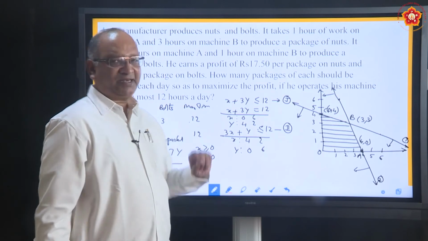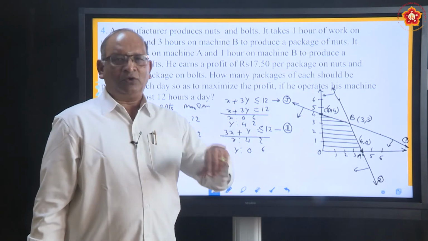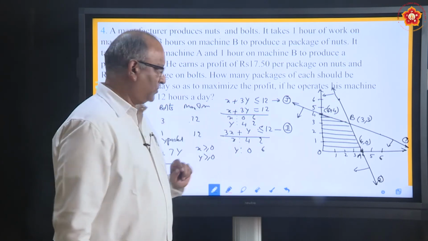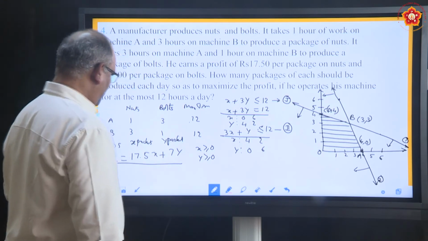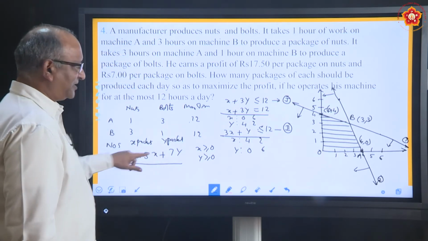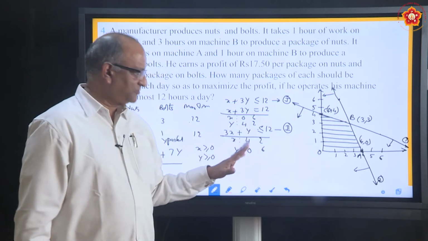Why are these points required? These points only we substitute in Z to know the maximum or minimum. Okay. So one after the other you have to substitute these values. So this is the optimization function. If you substitute 0, 0, you are going to get 0. So no point substituting it.